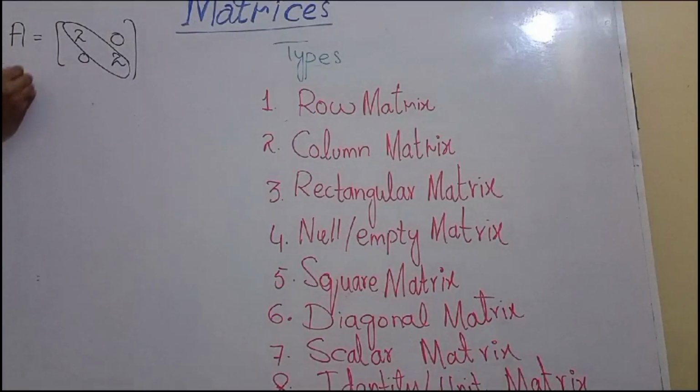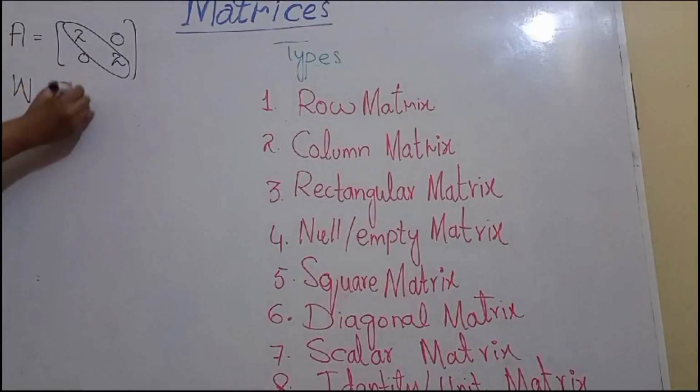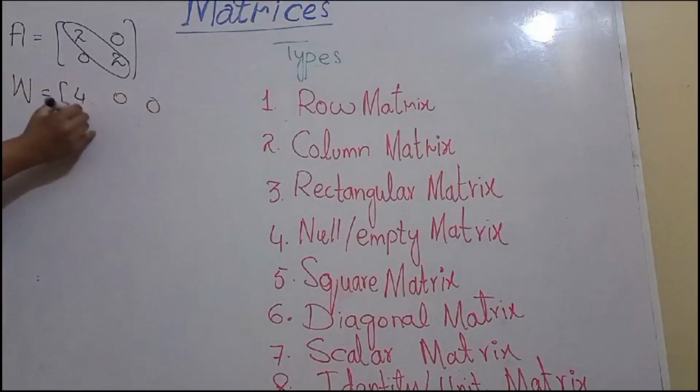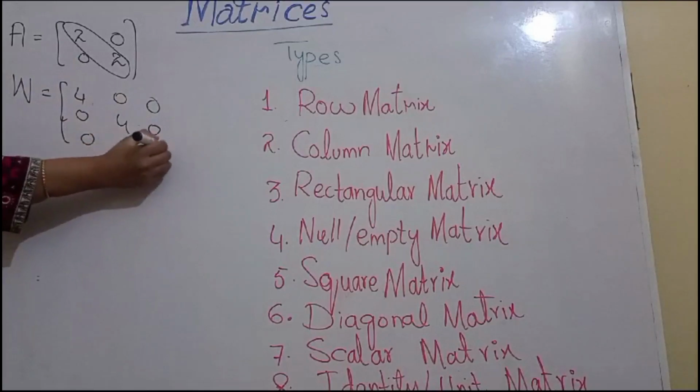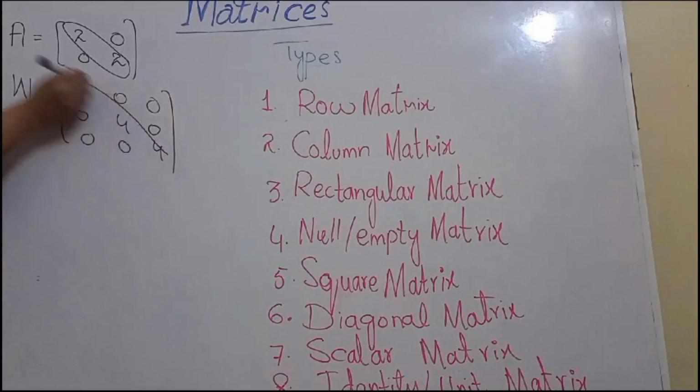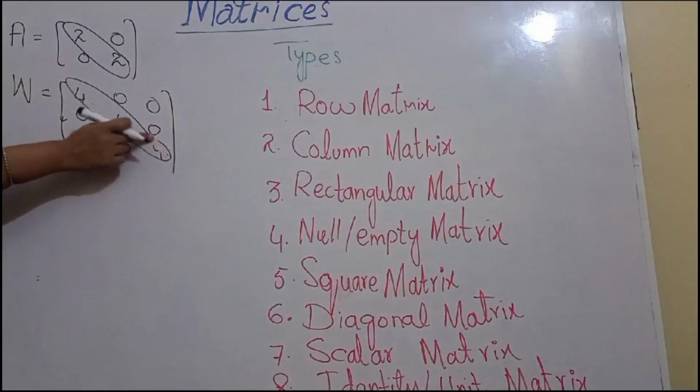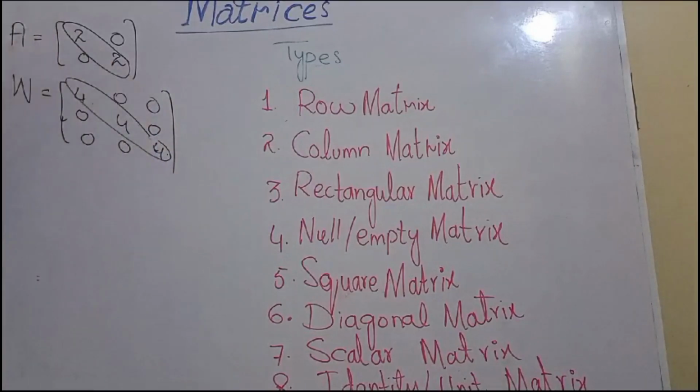Suppose we take W and I write 4, 0, 0, 0, 4, 0 and 0, 0, 4. So here the diagonal contains the same number, that is 4. Other than the diagonal there are zeros. So this type of category is known as the scalar matrix.